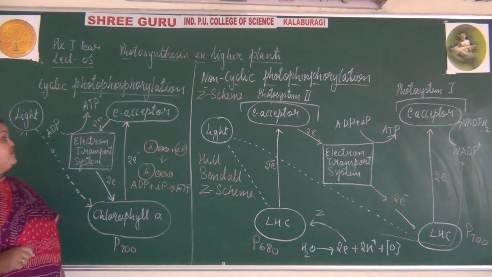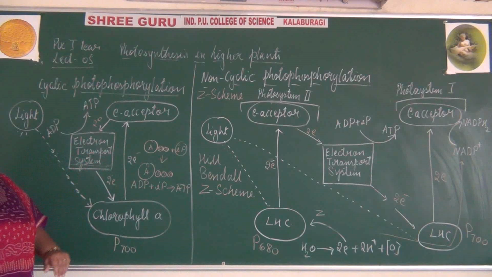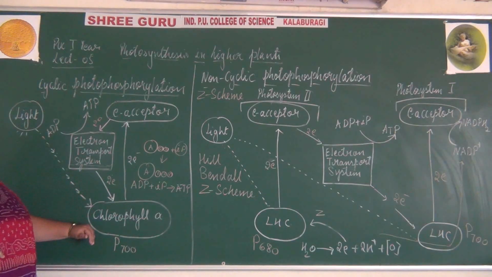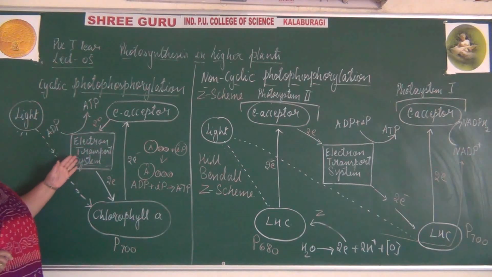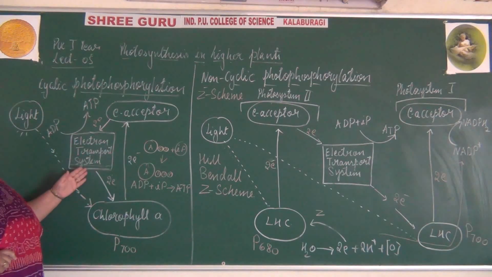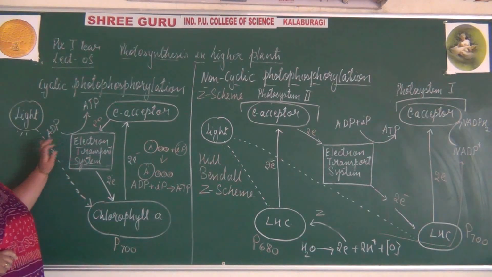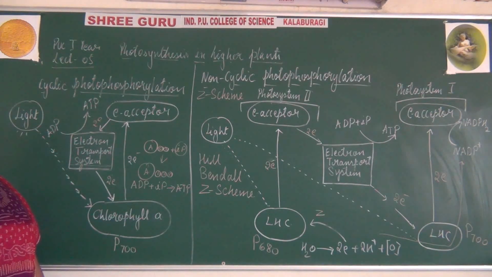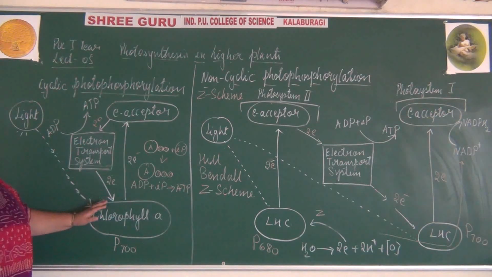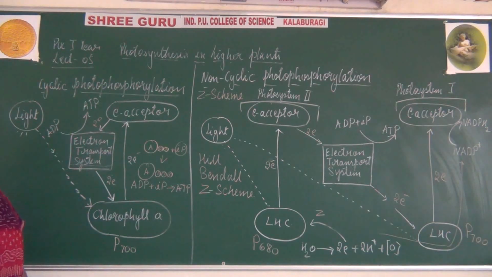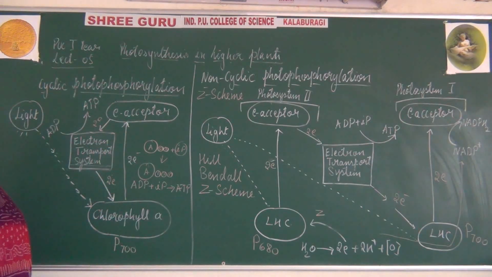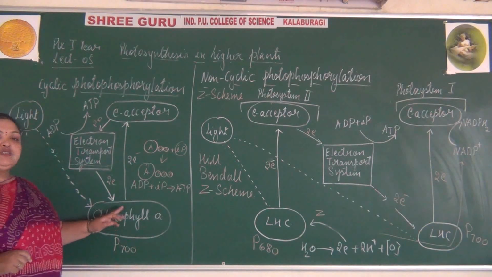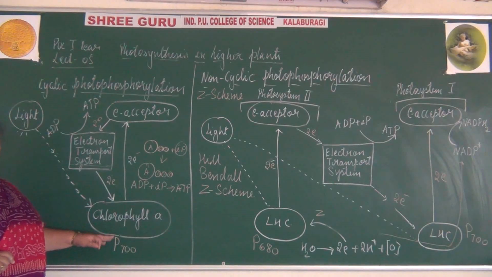In short, for cyclic and non-cyclic: light falls on the photosystem, it is photo-excited and emits electrons, which pass to the electron transport system. During that process there is synthesis of ATP molecules. Only ATP is formed, the movement of electrons is cyclic, and the electrons reach back to the photosystem.